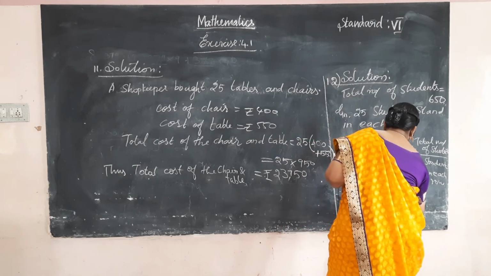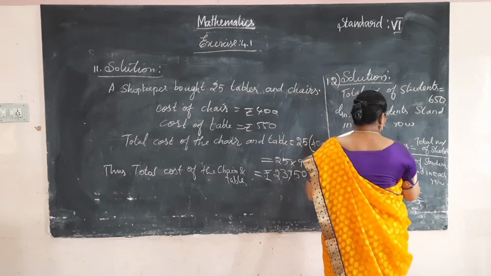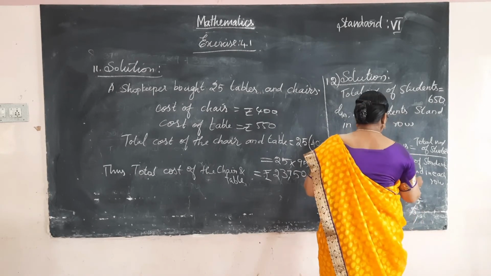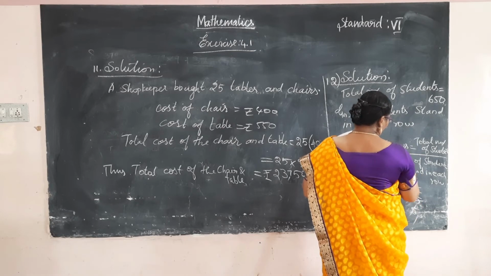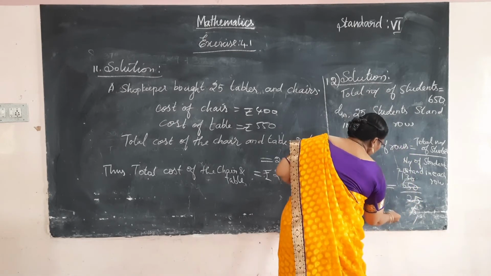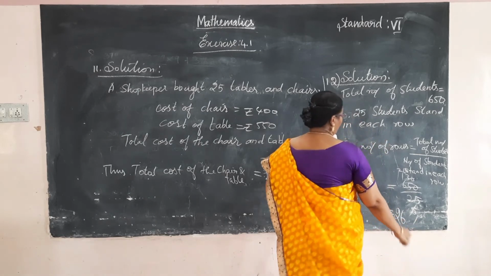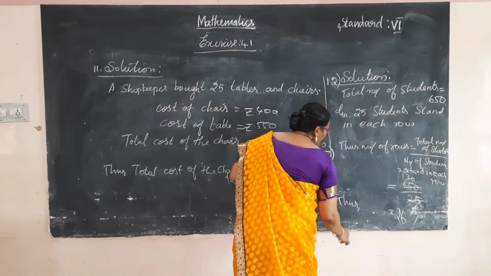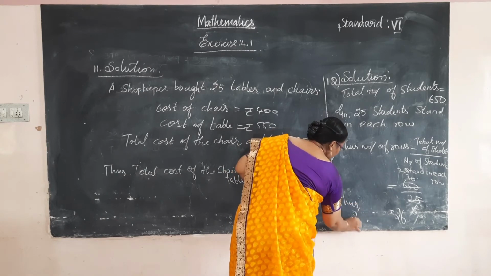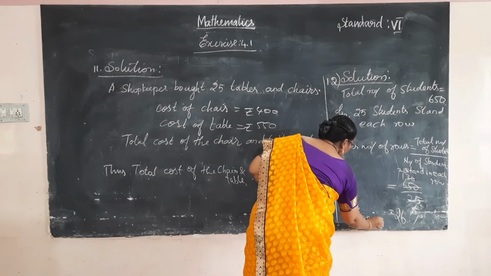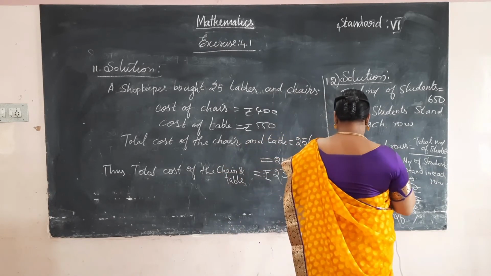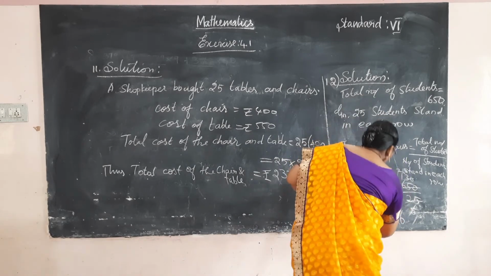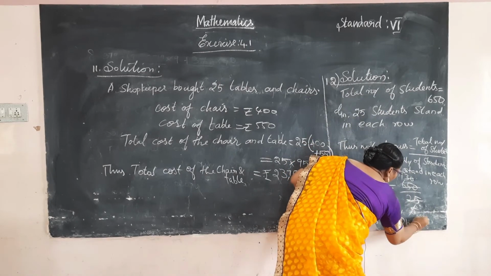So 5 table: 5 1s are 5, 5 3s are 15. Okay, again 5 table: 5 1s are 5, 5 2s are 10, 5 6s are 30. So how many rows can we make? 26 rows. Thus 26 rows will be formed.